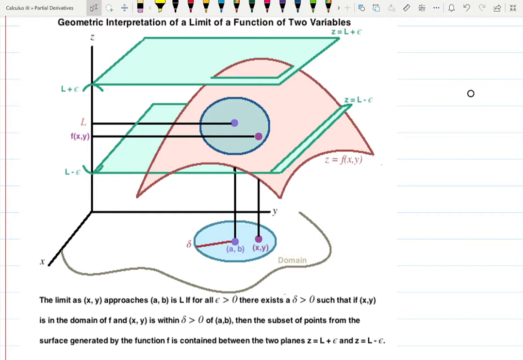I usually skip it, but in pure math classes, we always define everything with epsilon delta intervals. But anyways, the idea is pretty cool. Domain, here is your x and y, that's my input, shoots up to the surface. This domain, say it's a circle, maps onto the surface, but the surface is not flat, it's curved. So what is a circle on the curve? It will be some kind of jammed circle.